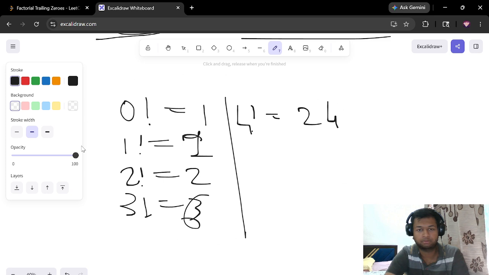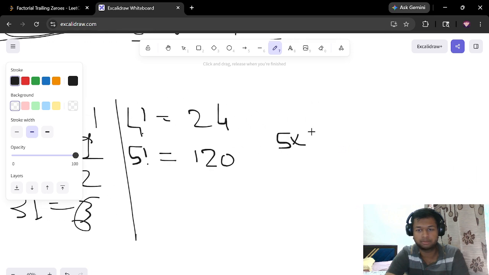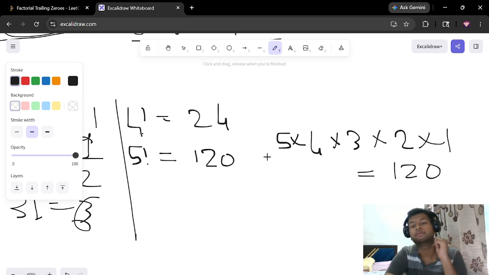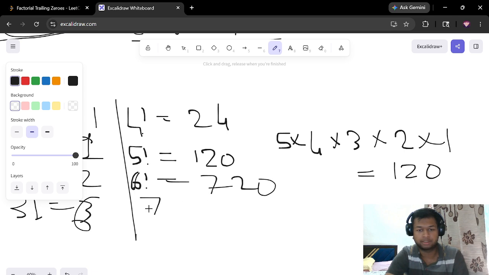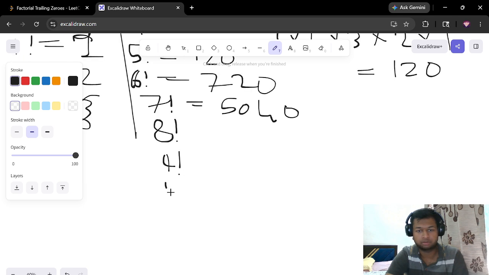Until here all were going good, but when 5 comes, what did the 5 do? 5 factorial is 120 because 5 times 4 times 3 times 2 times 1 multiplies up to 120. Then 6 factorial is 720, 7 factorial is 5040, and it continues with 8 factorial, 9 factorial, and 10 factorial.